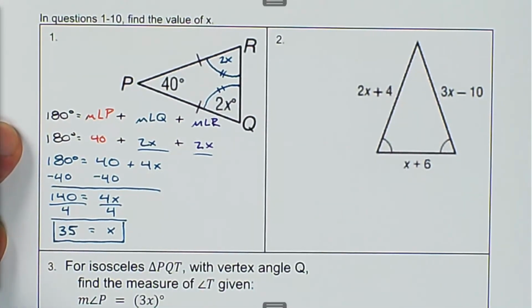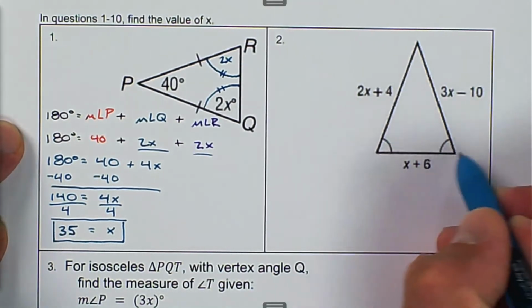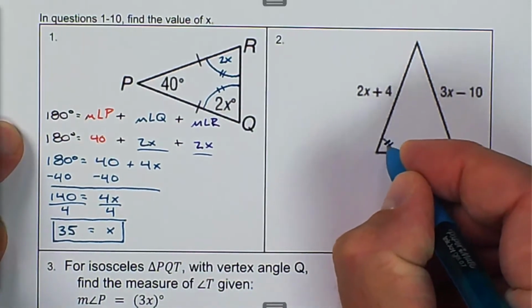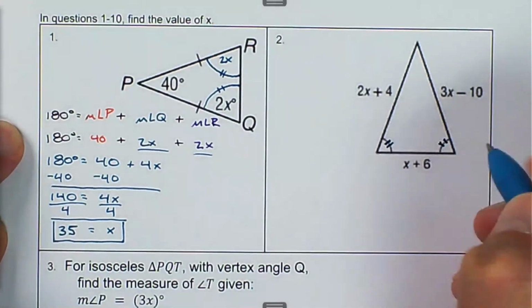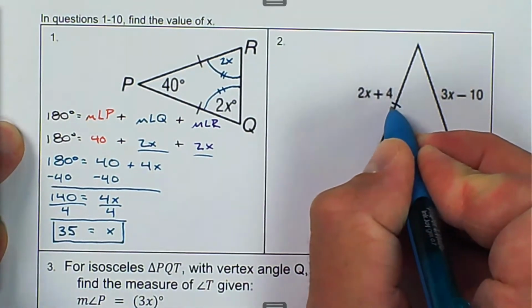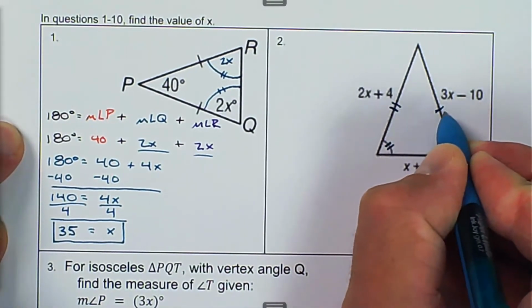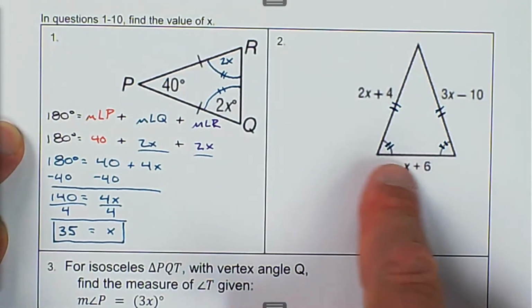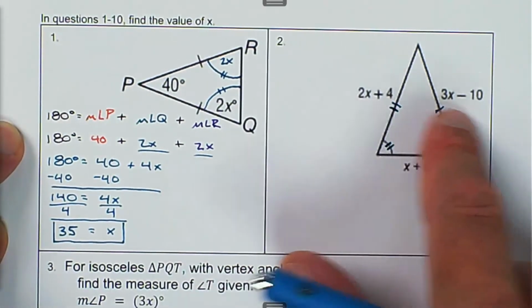Next example we have is 2. And here again, we have two congruent base angles. So if the base angles are congruent, we know that the sides opposite are also congruent. In this case, we don't really need to know this measurement to find the x value.